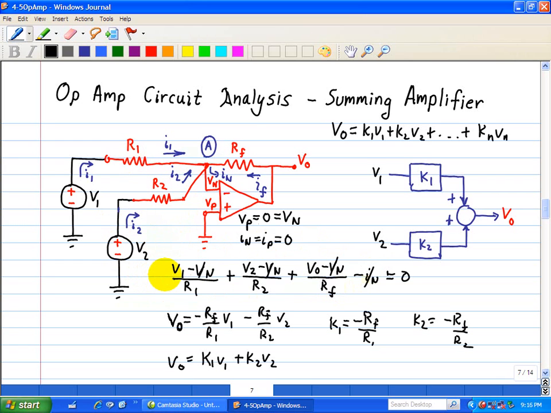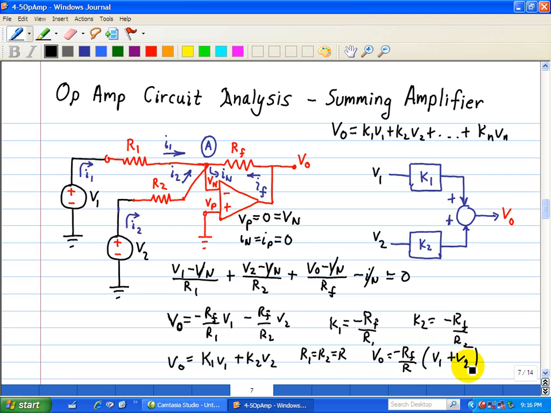Now let's look at the special case where we set R1 equal to R2, which is equal to R. With this special case, VO is equal to minus RF over R, factored out, times V1 plus V2.